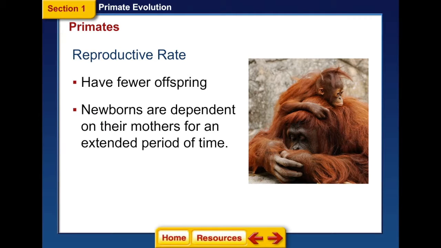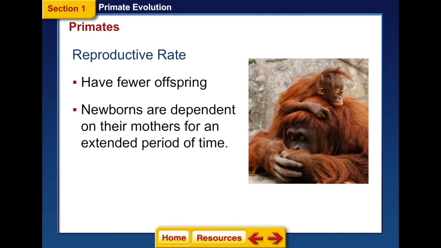Now, primates have a reproductive rate that is also different from a lot of other species of animals. For one, they have fewer offspring. You can think of how many puppies a dog would have, or how many kittens a cat would have. When you look at primates, they usually have offspring 1 at a time, or maybe 2 at a time. This, of course, includes humans as well.